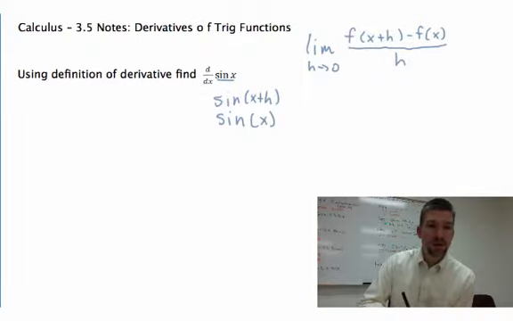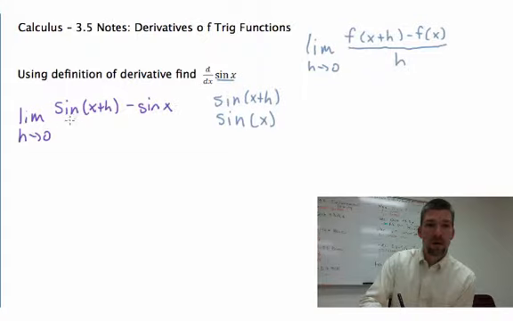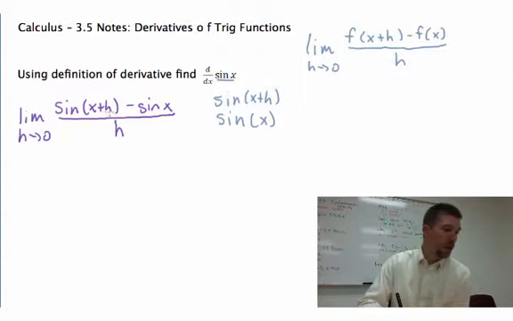So how is this going to shape up? Well, we're going to look at the limit as h approaches 0 of sine of x plus h minus the sine of x all over h. And remember, we're wanting to find a place where we can get the h in the numerator and the denominator to divide out, or where we can rewrite this in a way that allows us to use that h. But right now, if I substitute in a 0 everywhere, I get 0 in the denominator, and that's not going to work.